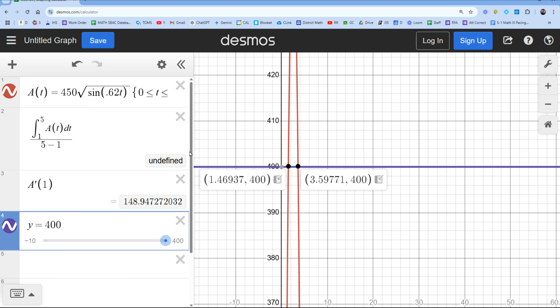And if you look at when it's above or equal to 400, the other end is at 3.5977 or 97.